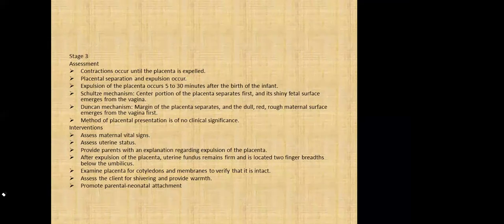That is how the placenta looks after you have delivered it. With Schultze's mechanism, the center portion of the placenta separates first, and it looks shiny as it emerges. With Duncan mechanism, the margin of the placenta separates and it looks dull and rough, and the rough maternal surface emerges from the vagina first.